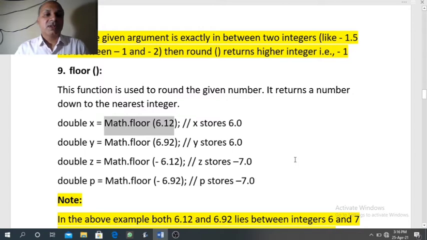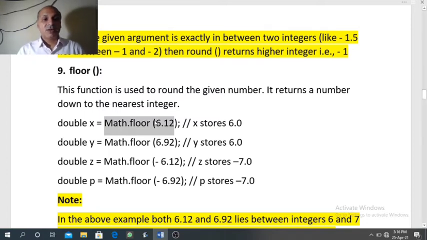Before going to this function, since floor and ceil are similar functions, you can imagine the room where you are sitting, the floor of the room and the ceiling of the room. Floor means lower value, ceil means higher value, because the ceiling of the room is on top and the floor of the room is at the bottom. In the same way, if you forget about this function, then always remember the floor and ceiling of the room where you are sitting.